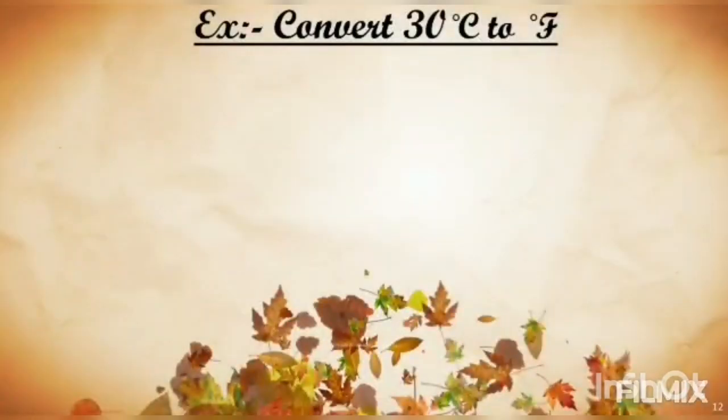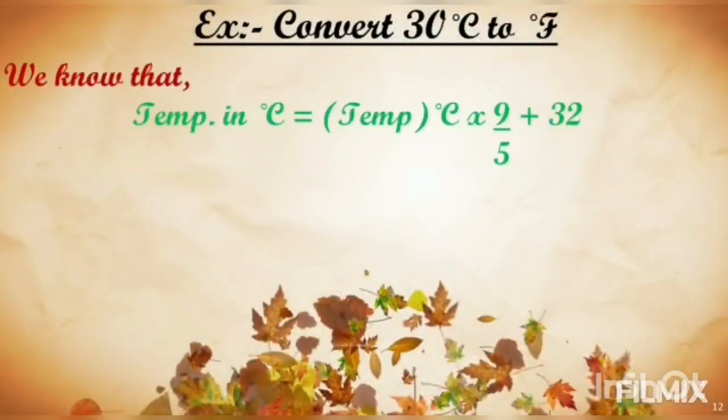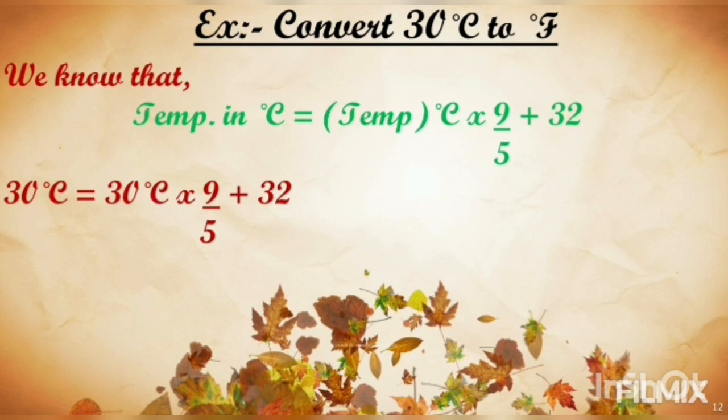So now, let's understand both of them with an example. Here we are converting 30 degrees Celsius to degrees Fahrenheit. Since we know the formula, that is temperature in degrees Fahrenheit equals temperature in degrees Celsius into 9 upon 5 plus 32, inputting the values, we get 30 degrees Celsius into 9 upon 5 plus 32.